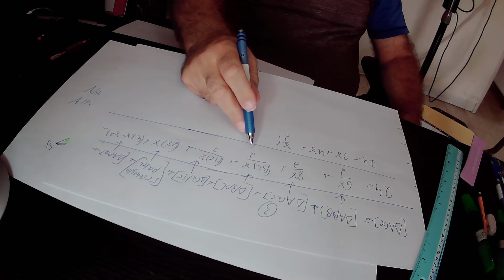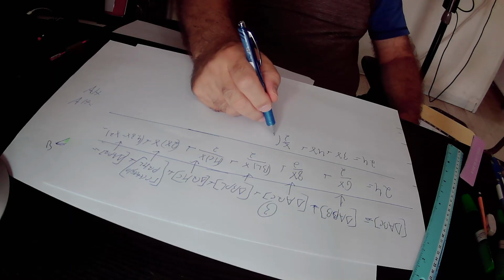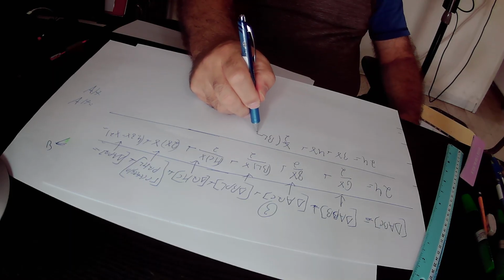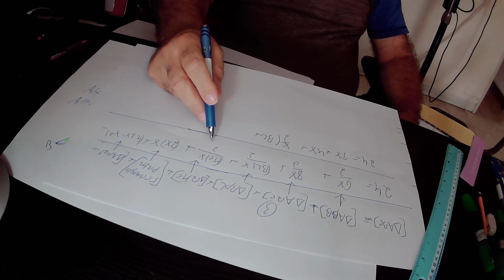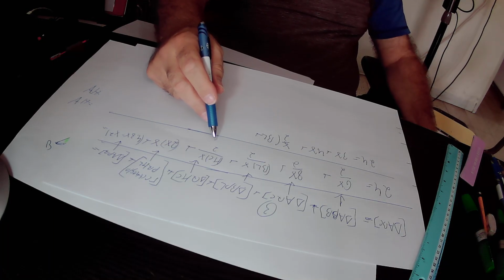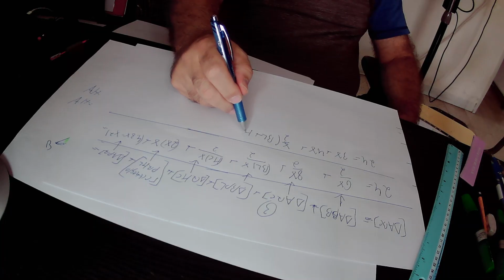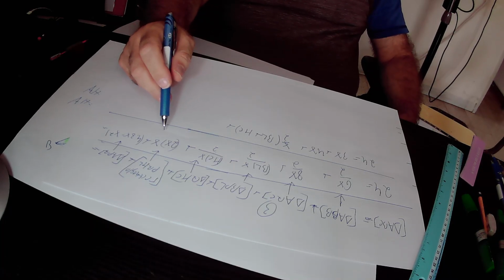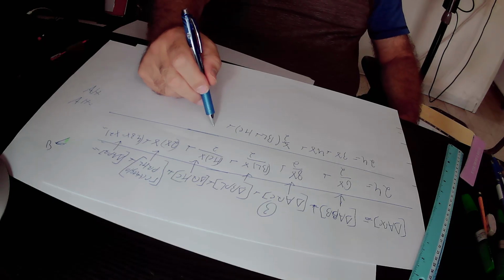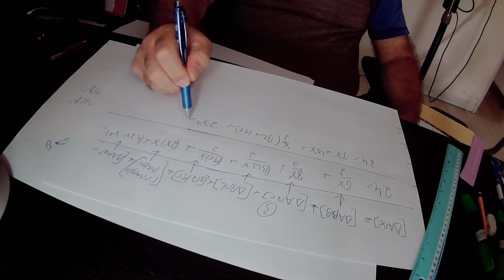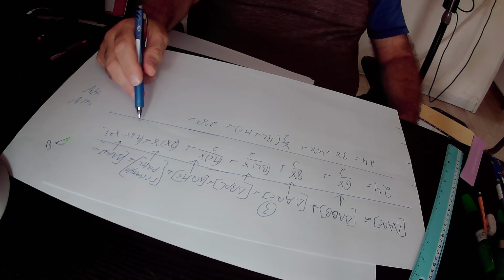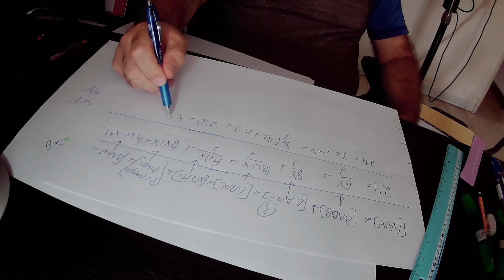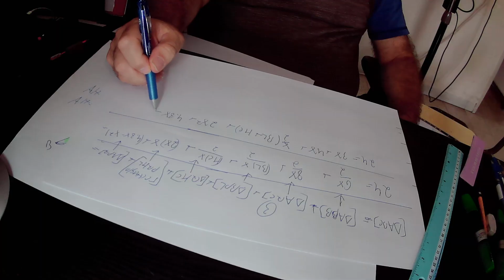What is left is actually BL, and what is left from the other expression is KC. Plus 2x times x, that is 2x squared, plus 4.8x minus x squared.